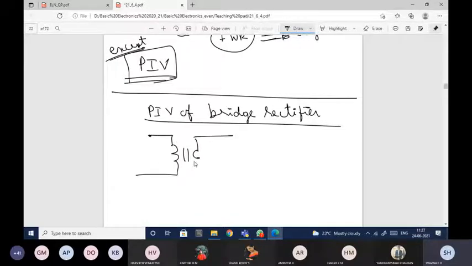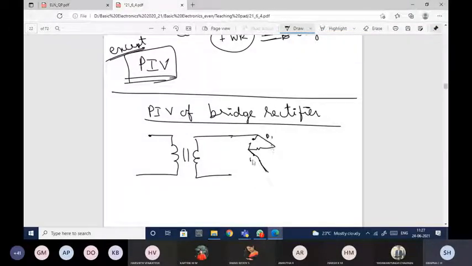Let me take the case when the diodes D1 and D3 are forward biased. That time you had the circuit in this way.